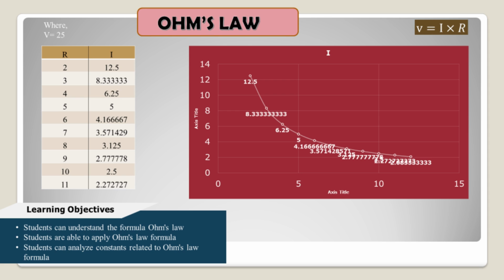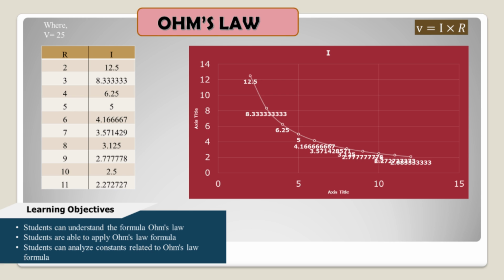If we have the voltage equal to 25 volts, and we make a table of range with resistance equal to 2 and the current, the mathematical result is 12.5. If the resistance is equal to 3, the current is equal to 8.33. If the resistance is equal to 4, the current is equal to 6.25.